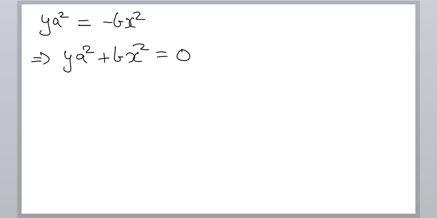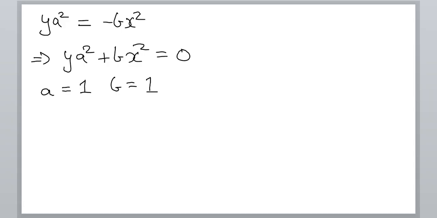Okay, and we are supposed to draw a graph of it. So what we can do over here is we can take any two positive values for a and b and draw the graph accordingly. We will take those values which will give us greatest mathematical easiness. So I am taking the value of a to be equal to 1, and I am taking the value of b also to be equal to 1.